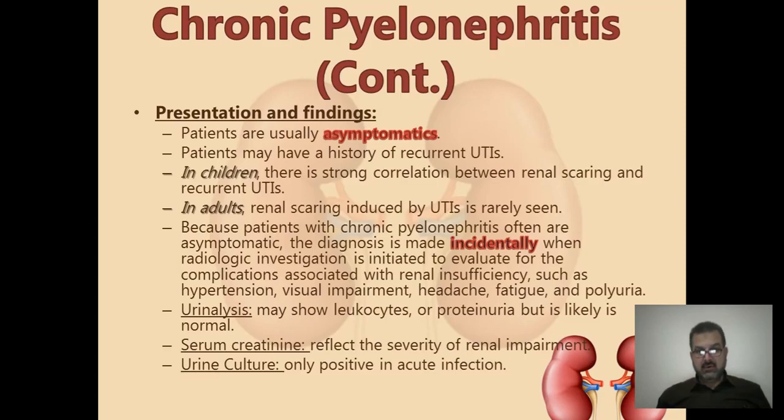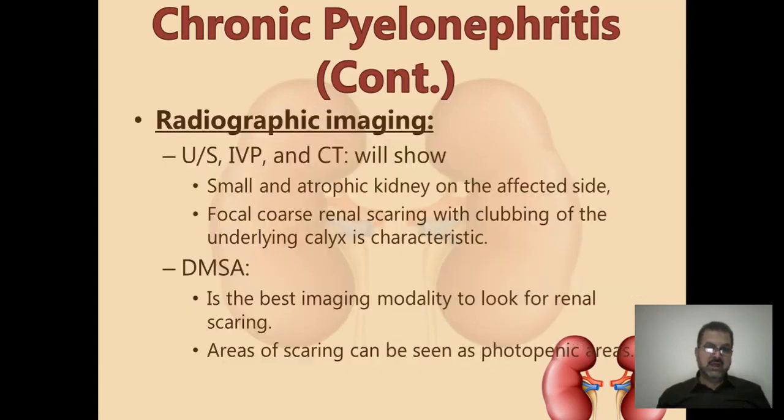If you go further and do urine analysis, it will show leukocytes or proteinuria, or not sometimes. Serum creatinine also is sometimes high. Urine culture will most of the time not be positive.